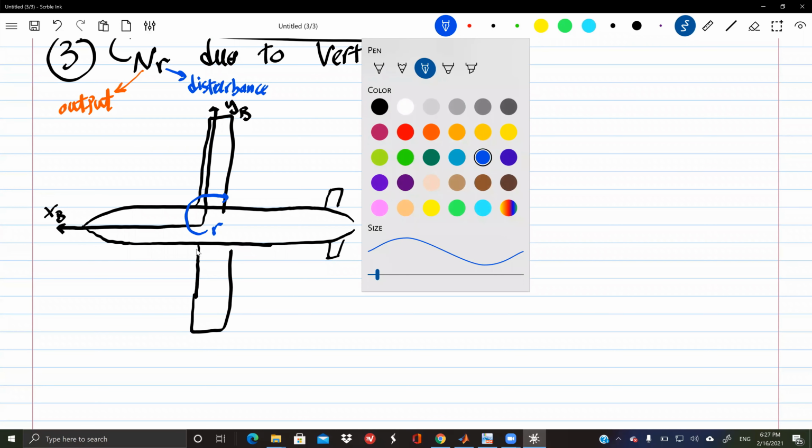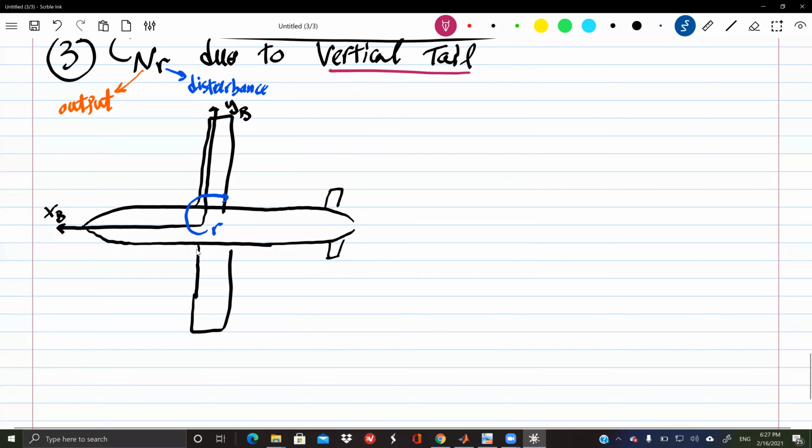What's my component of interest? My component of interest is the vertical tail. Here is the vertical tail, and I'm exaggerating its size a little bit to show up. As you guys know, this distance is really little LV. So what does this disturbance R do to my surface, the vertical tail in purple?